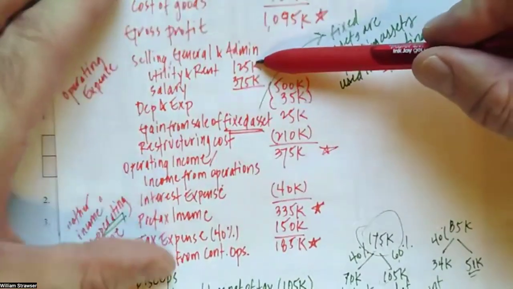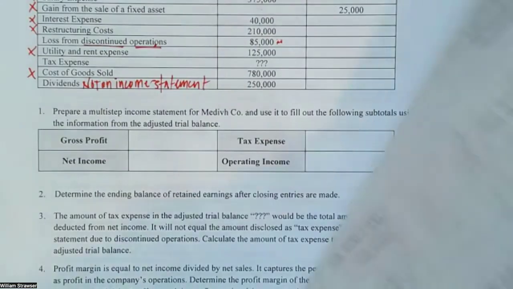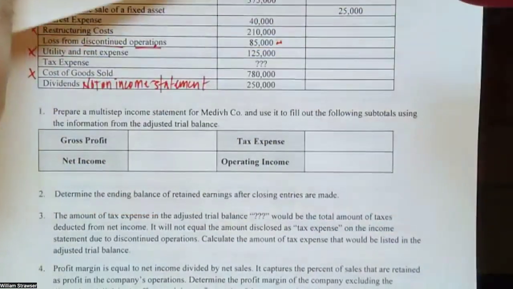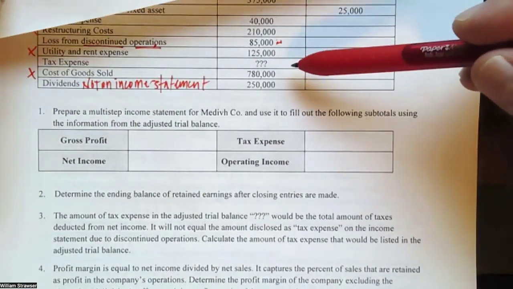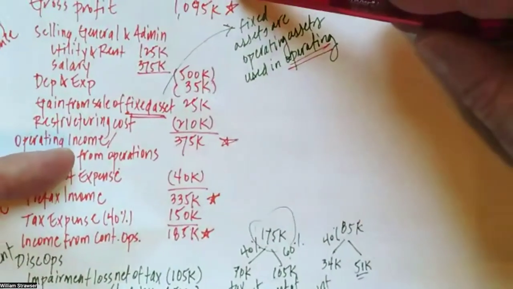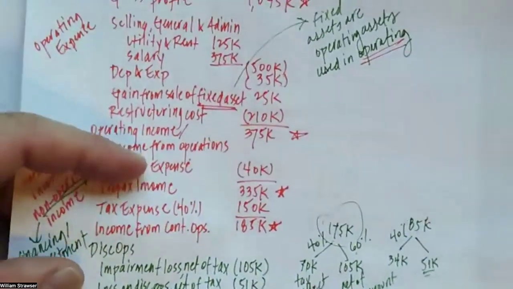Yep, included up here. The loss was 85 and included there at 51 after we stripped tax out. Tax expense, we took a tax expense. Cost of goods sold, 780. All right, looks like everything's on board. Everything is as correct as I know. Let me check this one more time.